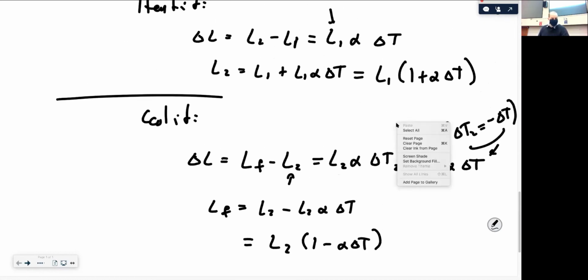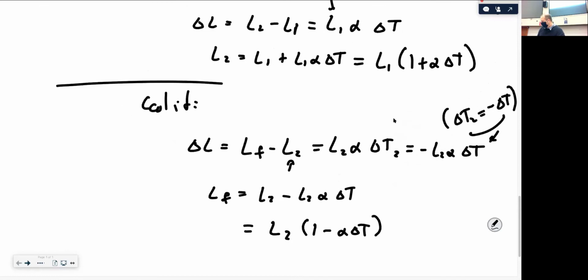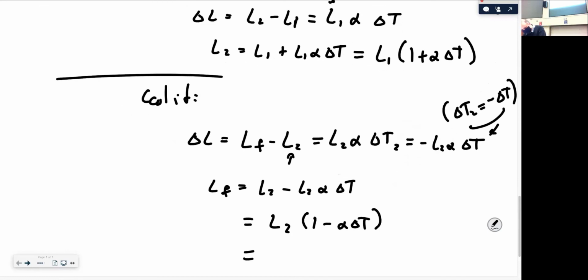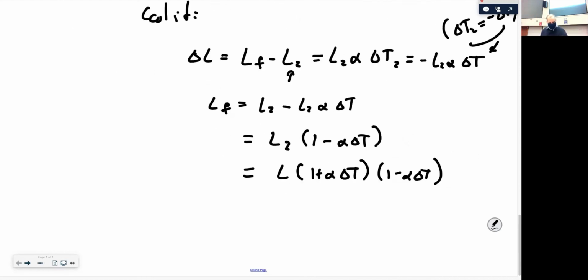L2 is just L1 times 1 plus alpha delta T. Let's plug that in. Equals L1 times 1 plus alpha delta T times 1 minus alpha delta T. That's the final length.